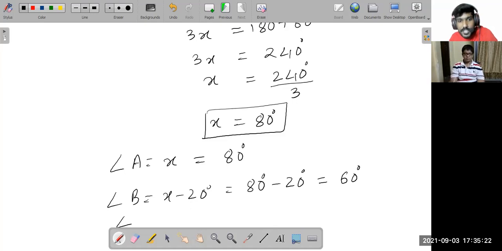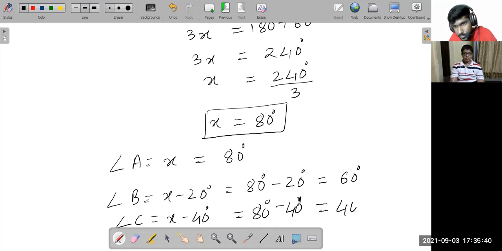And angle C is x minus 40 degree, which is 80 degree minus 40 degree, which is 40 degree.